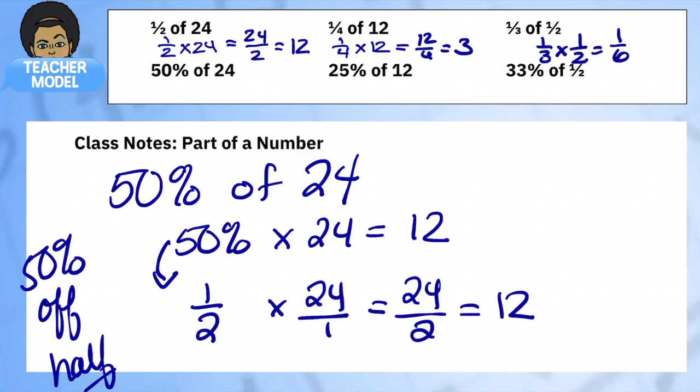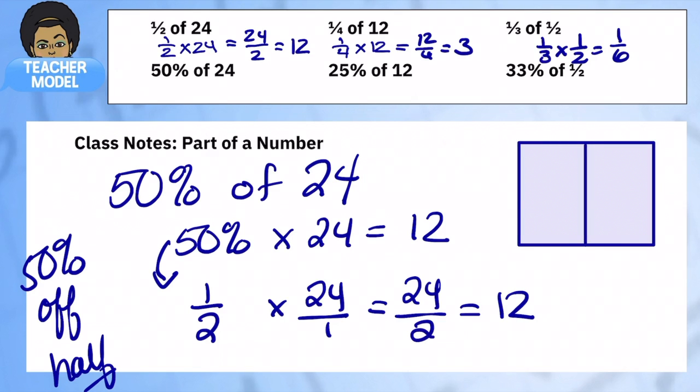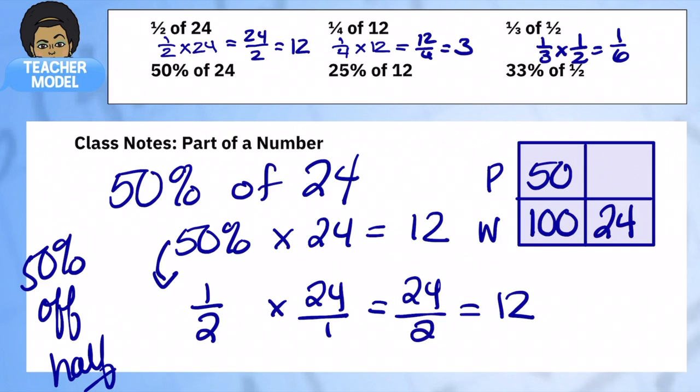You could just go back to using math and saying 50 out of 100, because it is a part to whole. I want 50% of 24.